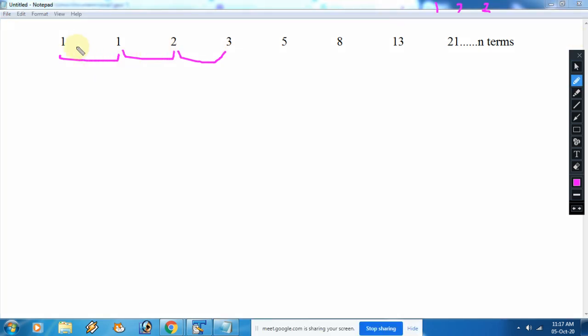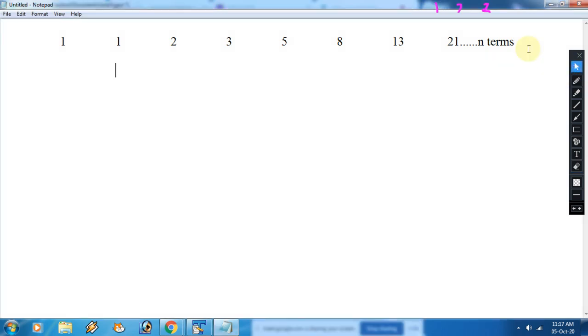So in this case what is happening? The sum of the first two terms is coming the third term. Like this type of question, in which the addition of the first two terms is coming the third one. So basically this one is your Fibonacci series. Okay, the spelling I am writing here, you can check it, Fibonacci series.